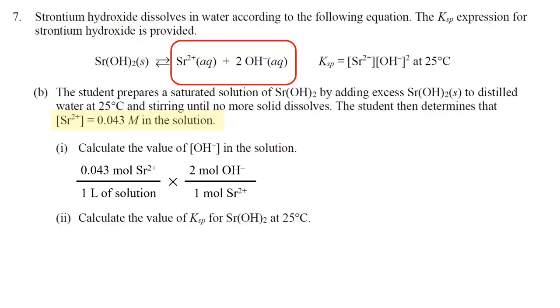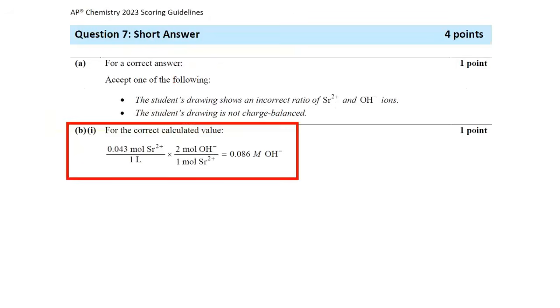So all we're doing is multiplying by 2. 0.043 times 2 is equal to 0.086. So the concentration of the hydroxide ion in this saturated solution is twice as much as the concentration of the strontium ion. So 0.086 moles per liter is the answer to part B-I.